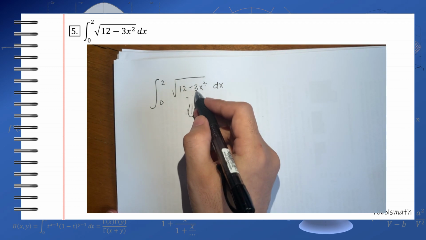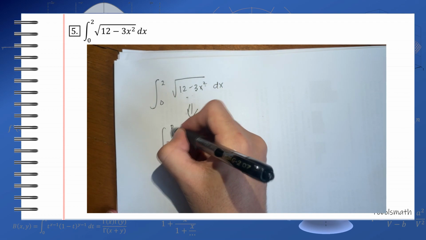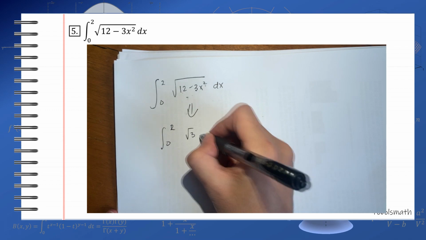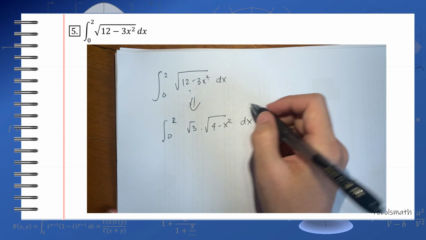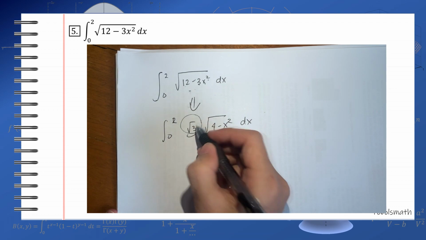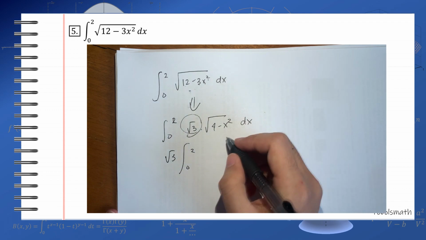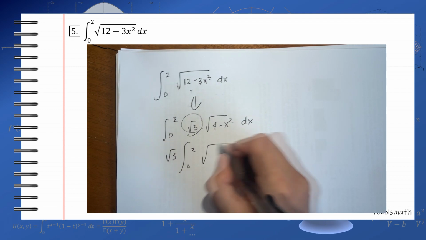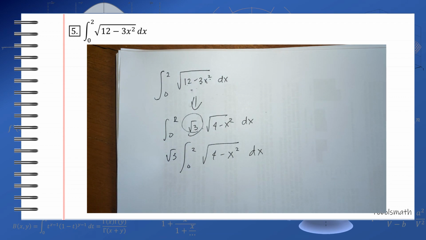So take out the 3 because 3 is a common factor. So that becomes 0 to 2 of square root of 3 times square root of 4 minus x squared. So I can factor out this square root of 3, and we are left with 0 to 2 of square root of 4 minus x squared dx.